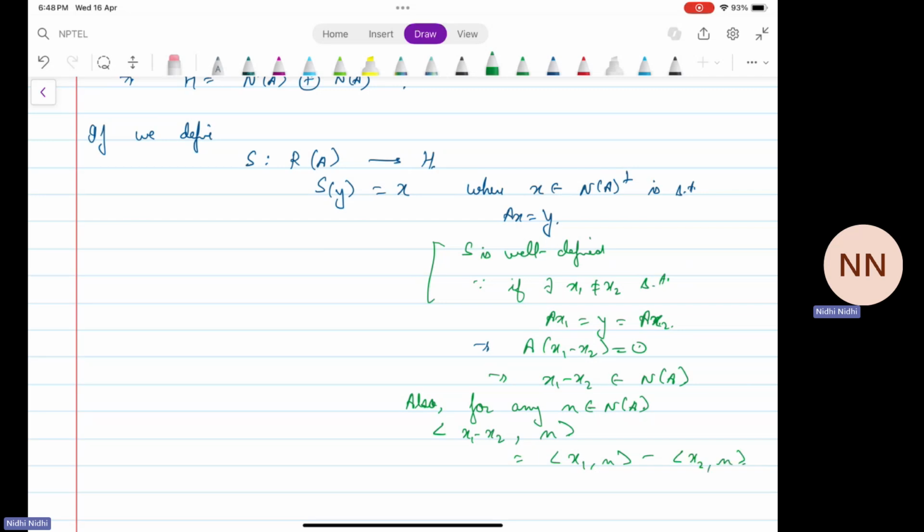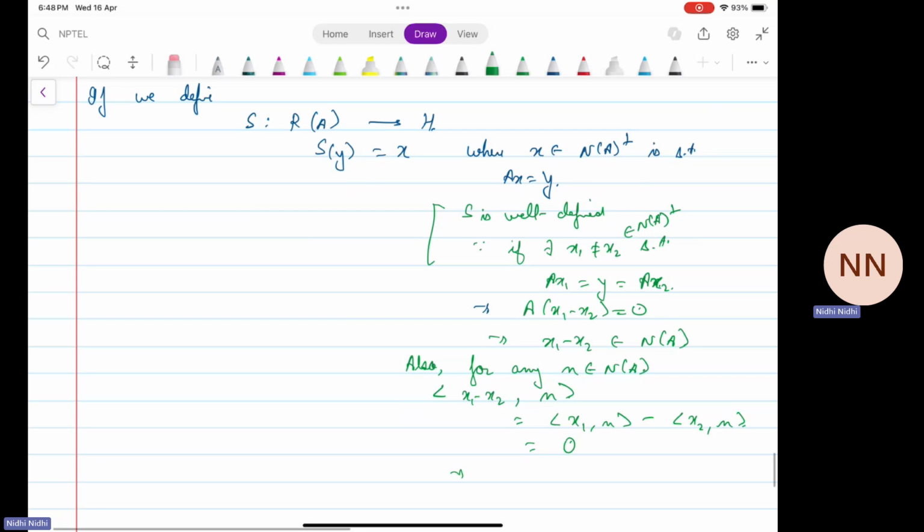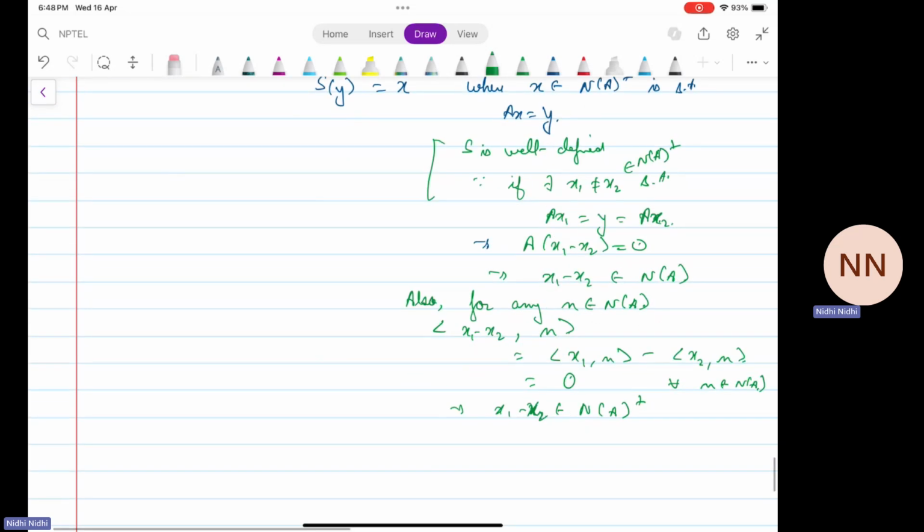Since x1 and x2 are elements in Na perp, these inner products are 0. This is happening for every n in Na. That means x1 minus x2 belongs to the orthogonal complement of Na. That means x1 minus x2 belongs to the intersection of Na and its orthogonal complement, so x1 minus x2 is equal to 0, or x1 is equal to x2.